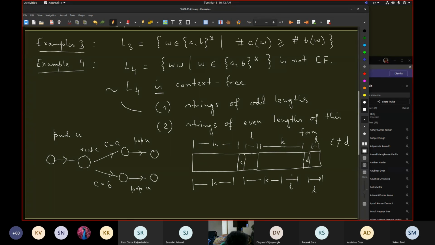Then once again, you do this L, L pushes. Then again you read D. Okay, if D and C are the same, in this state it remembers that I have read A as C. This state remembers that I have read B as C. So it can verify whether this D is equal to C or not. If D is equal to C, then you may give no further transition, so the machine gets stuck.